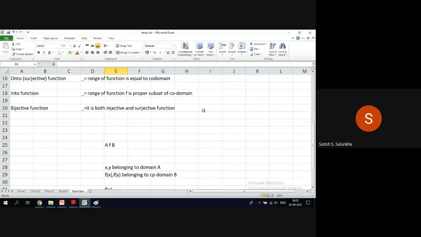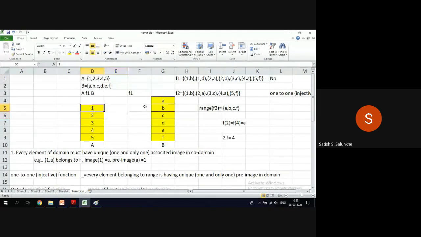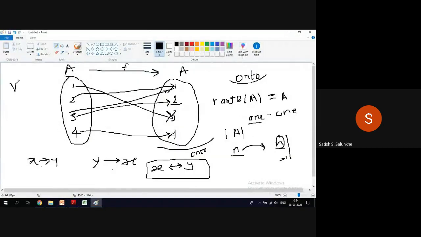So what does it mean? Earlier we discussed some W mapped to W, or A mapped to B, where A and B both have some numbers. So wherever the domain and codomain contain numbers, whether they are the same set or not, whether they are finite or infinite, doesn't matter.